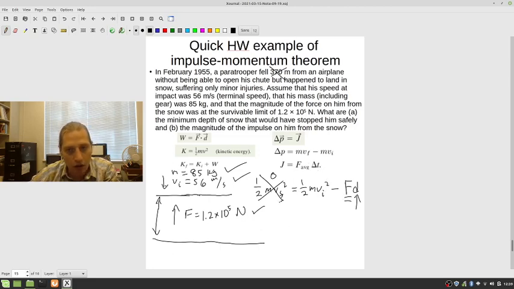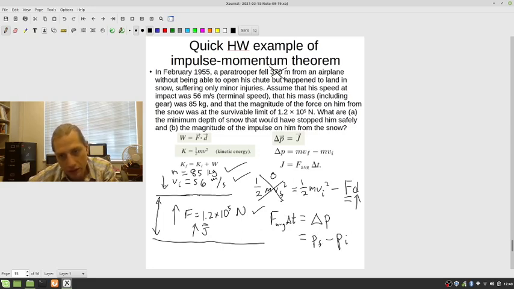But all you need to know here is that force times time is the same as your delta P. So the impulse is going to be pushing this way, just like the force slowing him down. Just like there's a negative work on him, there's also a negative impulse, if you want to think of it that way. And it's going to be your P final minus your P initial.